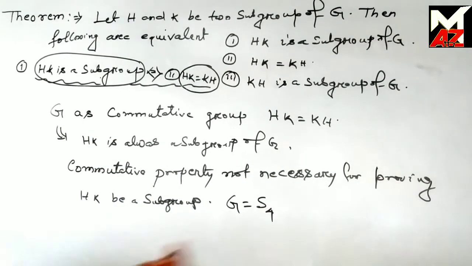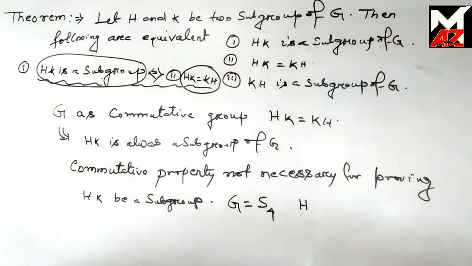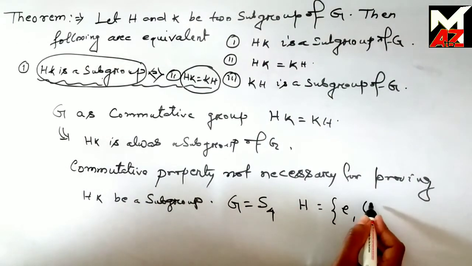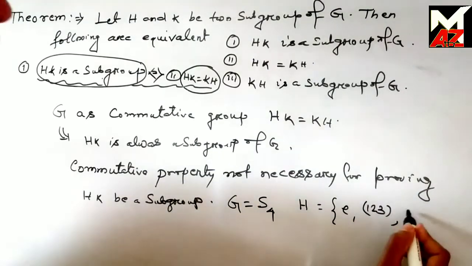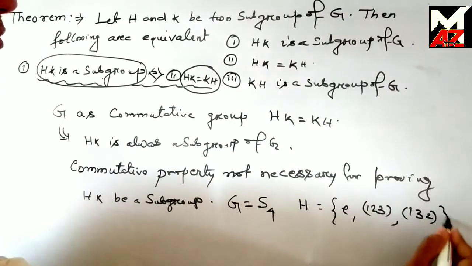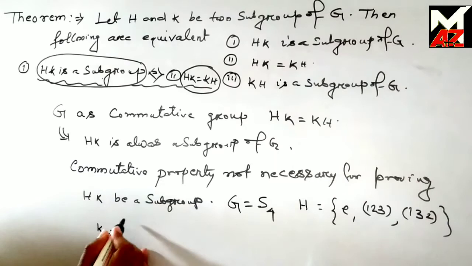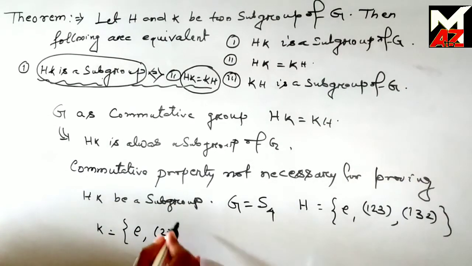And if we take 2 subgroups, the first H as E, (1 2 3) and (1 3 2), and K as E and (2 3).